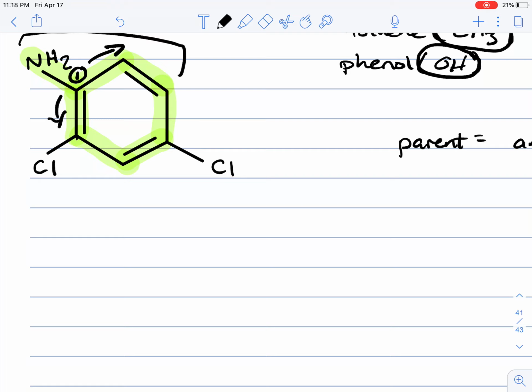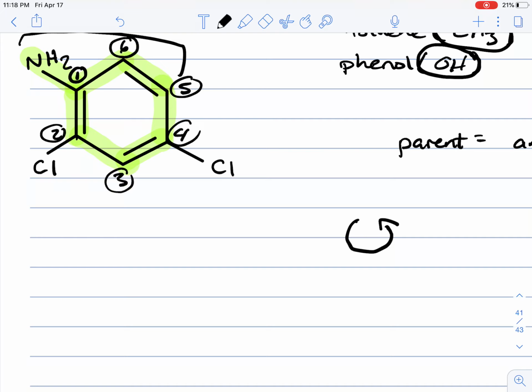Let's do counterclockwise. If I go counterclockwise, then this is going to be carbon number 2, carbon number 3, carbon number 4, carbon number 5, and then carbon number 6.